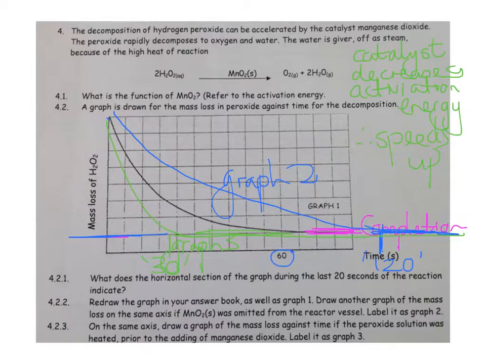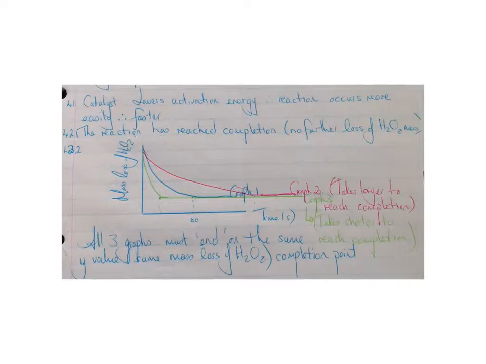So with more heat, it goes faster, and what you've shown here is that without a catalyst, it goes slower. And they're the slightly neater answers of that. Notice, by the way, that all of them land up with the same completion point. In other words, that mass loss is constant. Doesn't matter which reaction you're dealing with, the end point is still going to be the same.